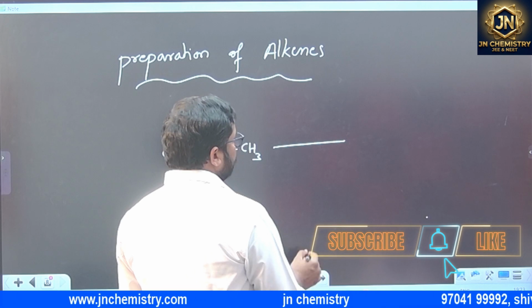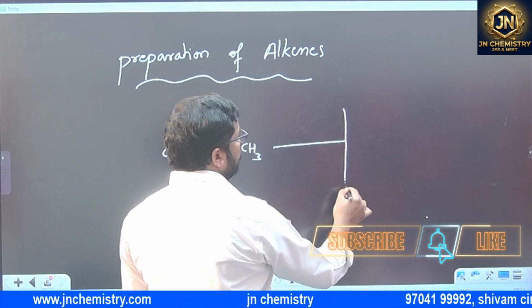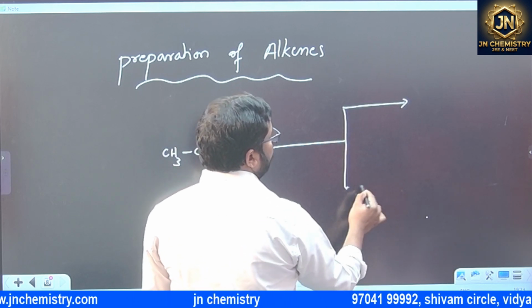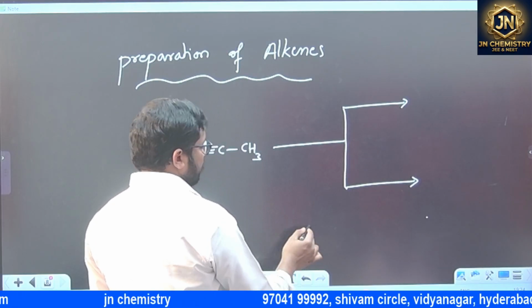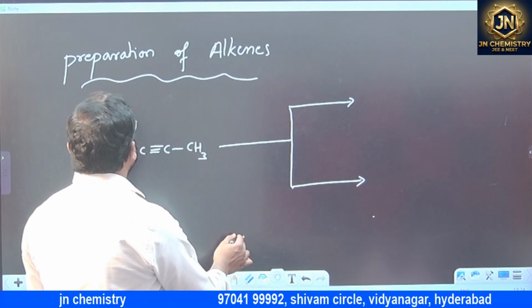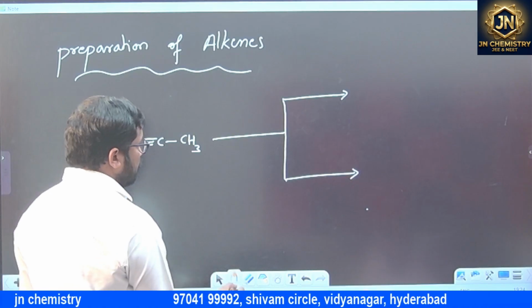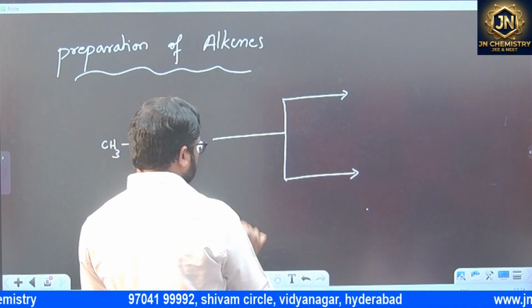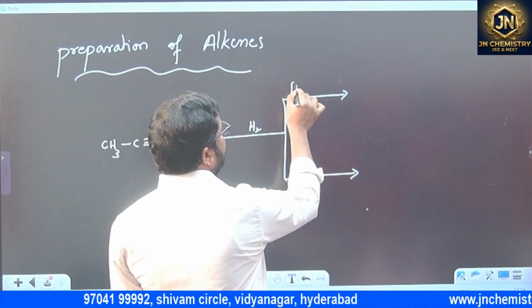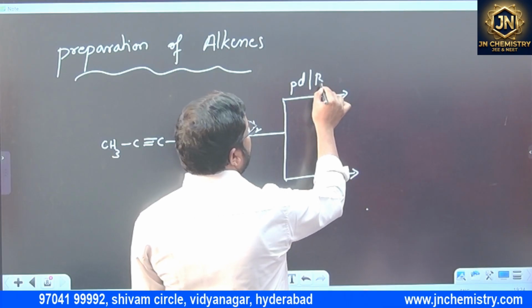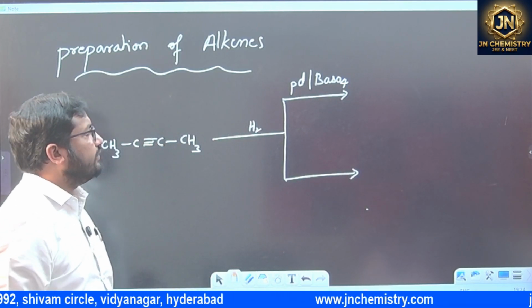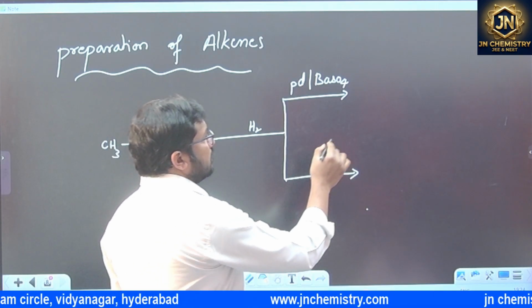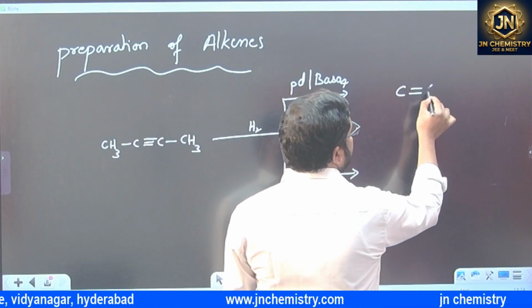If we want to stop at the alkene level, we need to use two specific reagents. What are those? Lindlar's catalyst: hydrogen, palladium in presence of BaSO4, with quinoline as a poison. So here we simply get cis alkenes.